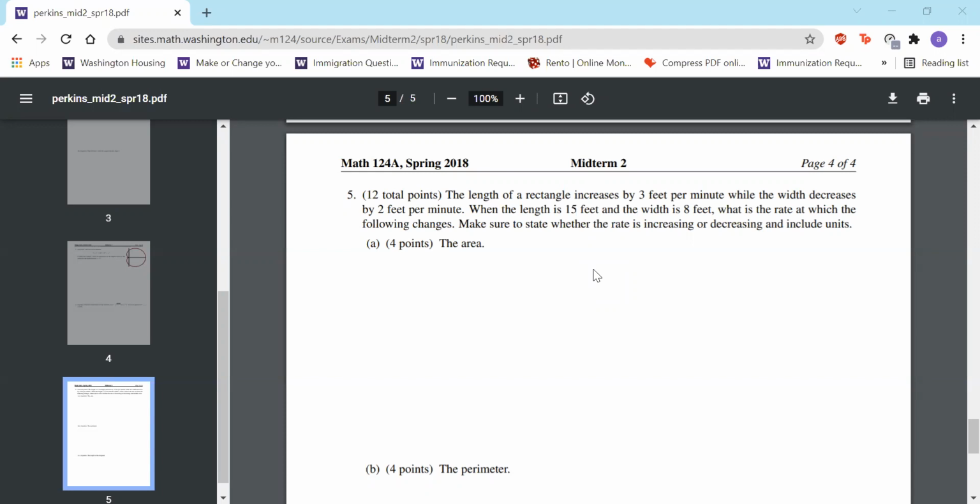So x is 15, and dy/dt is negative 2, then y is 8 and dx/dt is 3. That gives negative 30 plus 24, which is negative 6 feet squared per minute, because area is in feet squared while one side is in feet. So does part A make sense to you?